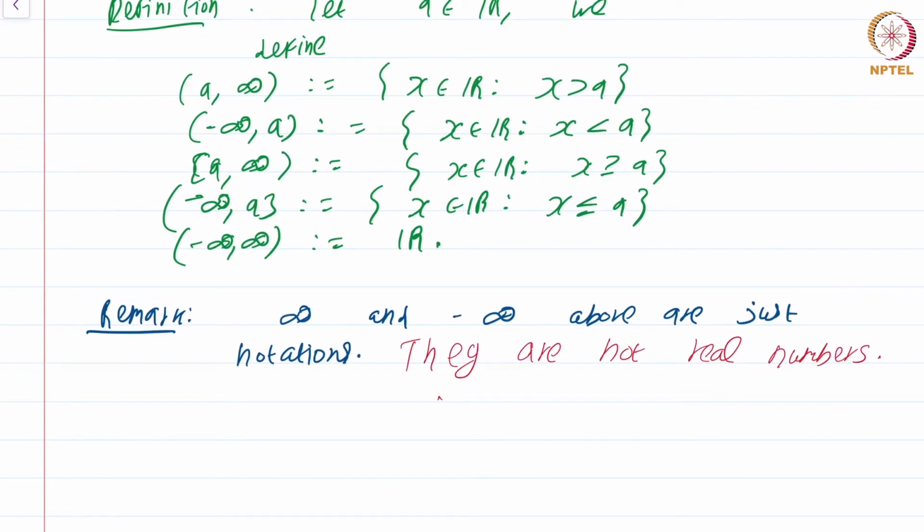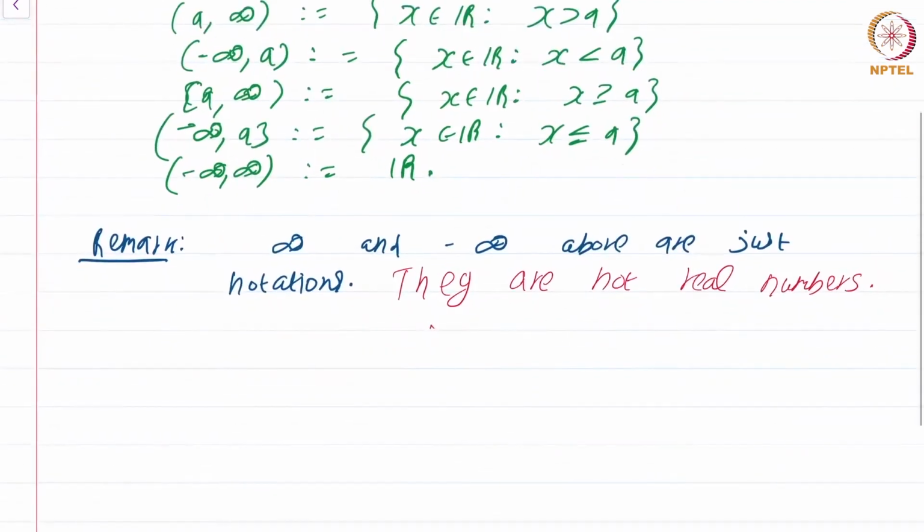Okay, so there are several definitions we'll have to make. So first, let's make the definition of a set having arbitrarily large elements. So definition.